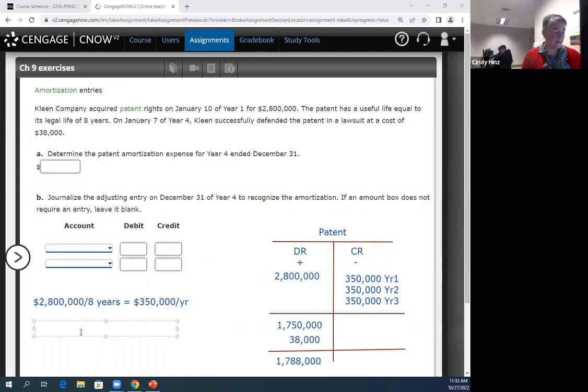Let's do that calculation. $1,788,000 is the current value of this patent on our balance sheet, on our books. How many more years do we expect to use this patent?